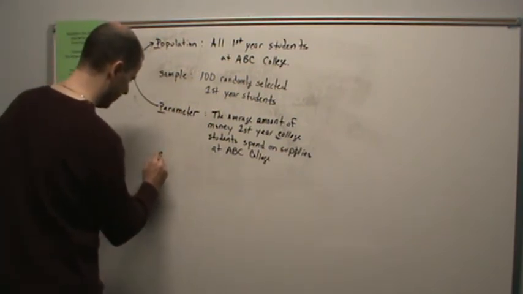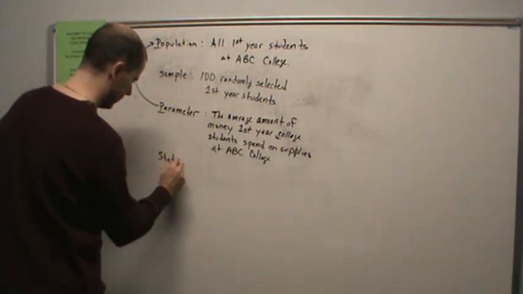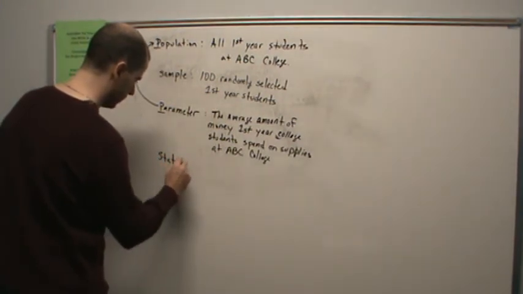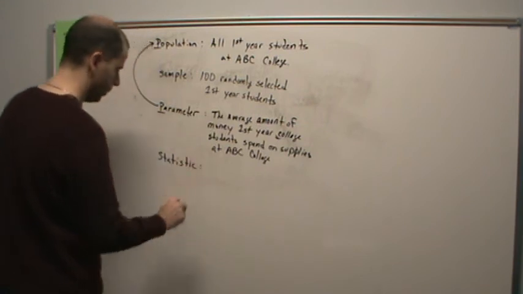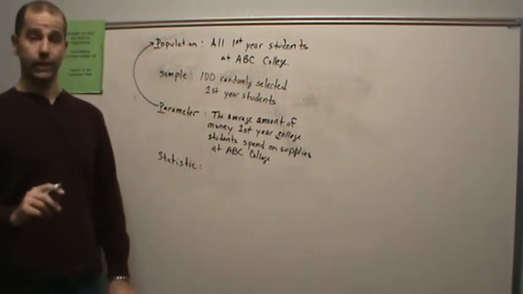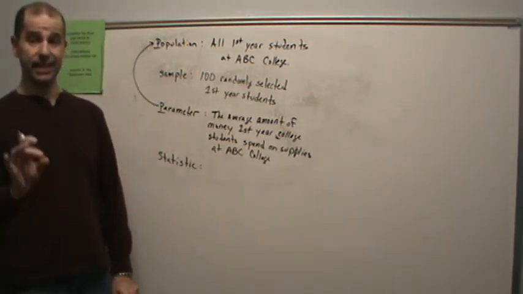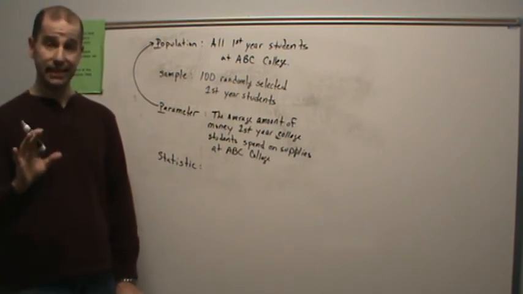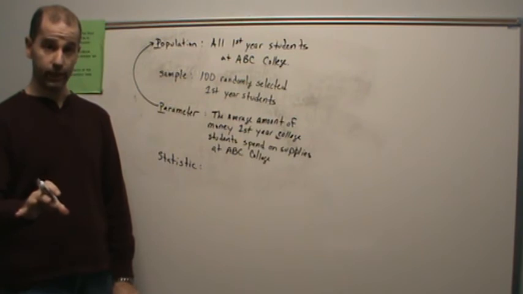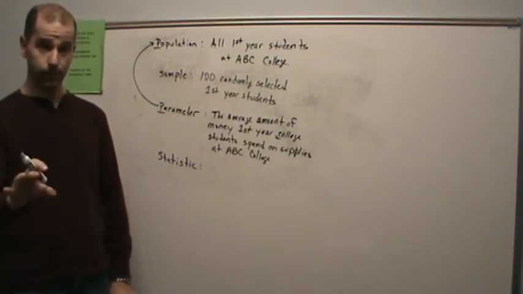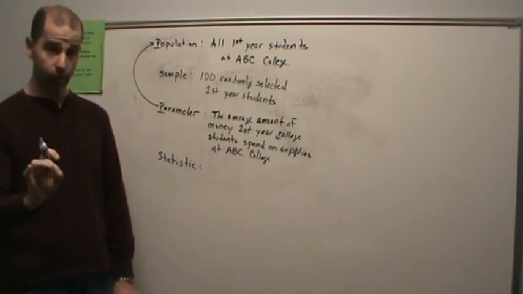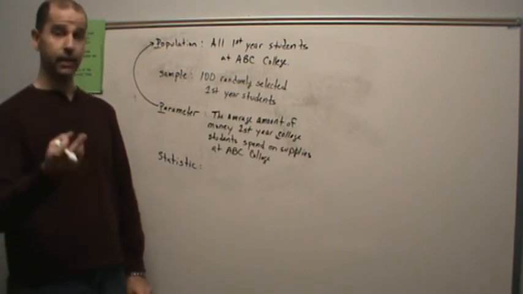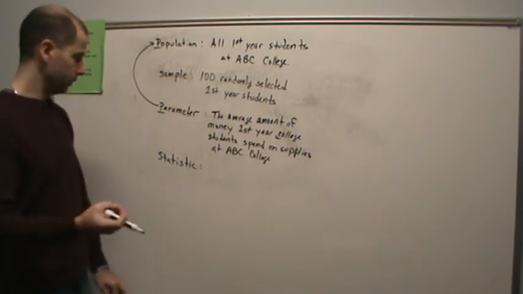Okay. Now the next one, again, is very similar to this. Statistic. What is the statistic in this problem? Well, remember what the definition of a statistic is. It's the numerical value that represents a particular characteristic of the sample. And it's also calculated to estimate the parameter, right?